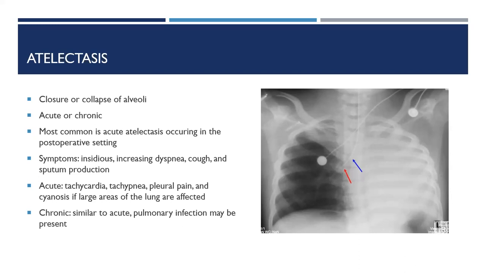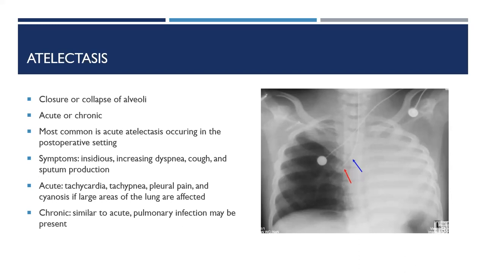And if we have a full lung that has been affected and all the alveoli have collapsed, then we also can see cyanosis. If it's a chronic atelectasis, we also can see pulmonary infection, pneumonia present.